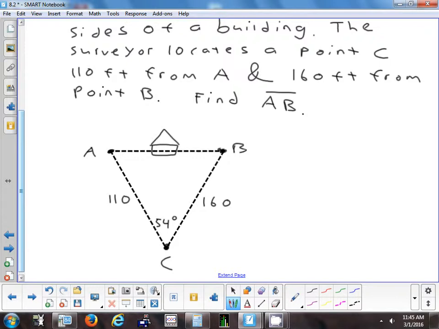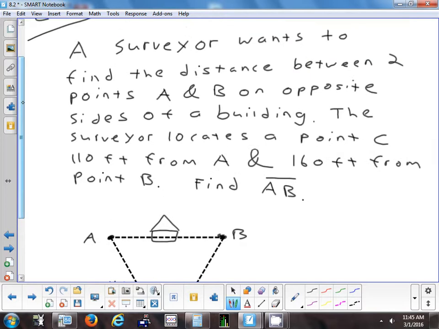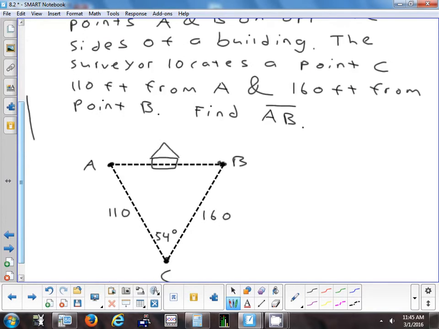In this case, with a house, you probably could measure up to the house, then measure the front of the house, and then continue measuring. But if there was a river or something, that would be a little harder. And it says that point C is 110 feet from point A and 160 feet from point B.